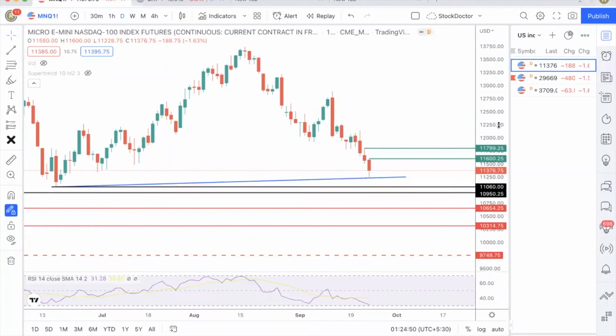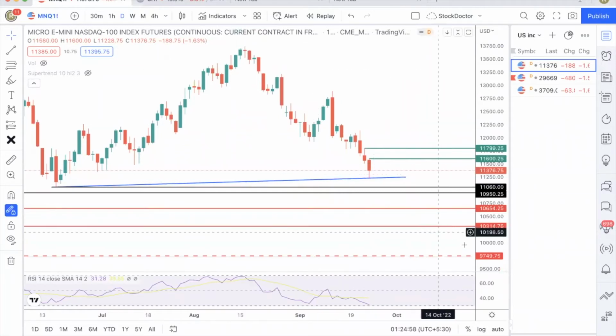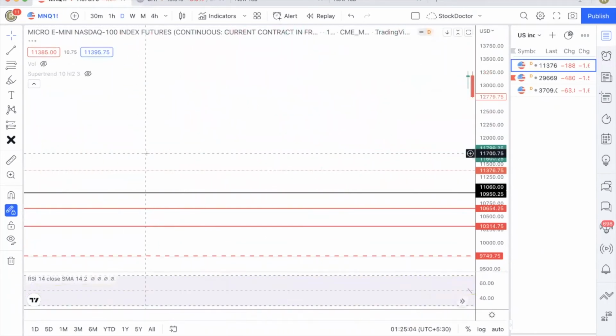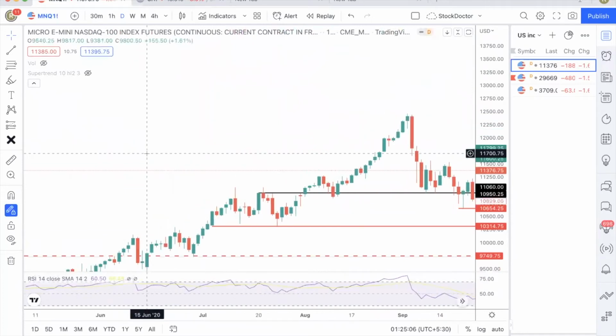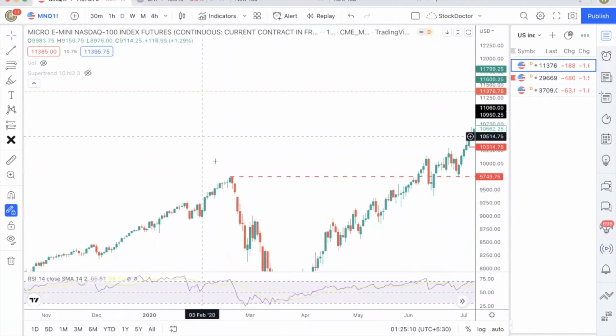And let me tell you that the pre-COVID high for the Nasdaq 100 was 9,750. If you want to see it quickly, I will show you. This was the pre-COVID high for the Nasdaq 100.